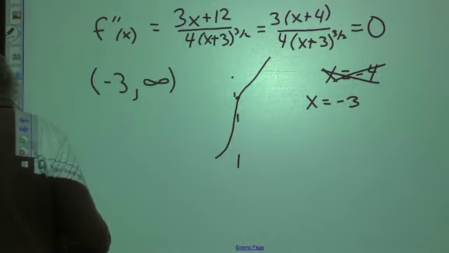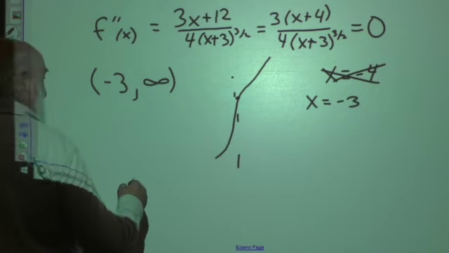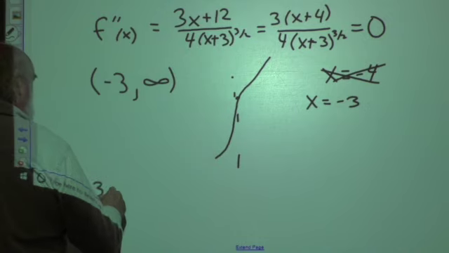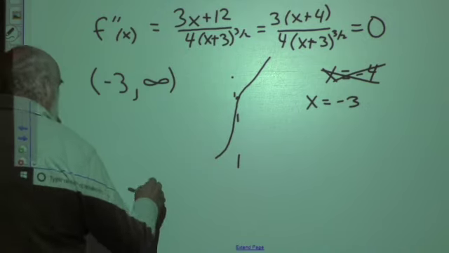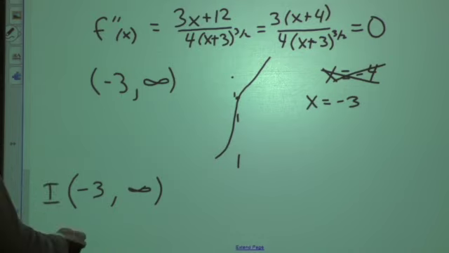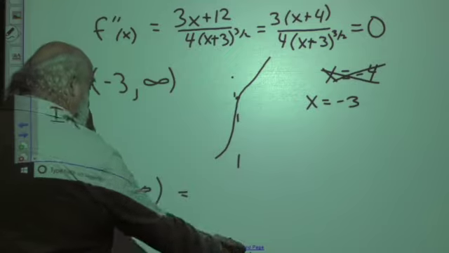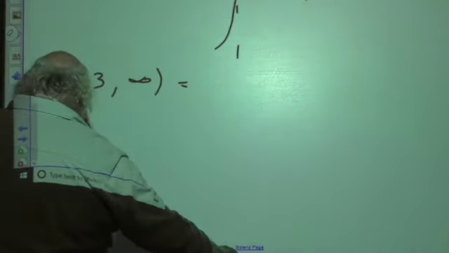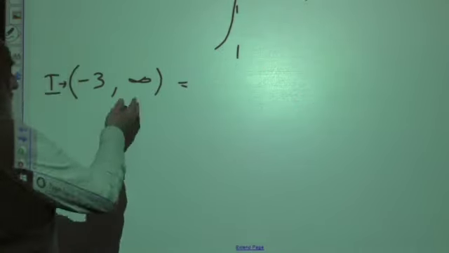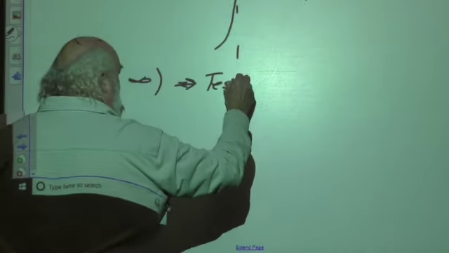If we do this then, we're going to test from negative 3 to infinity as the only interval that we have. But I won't even bother putting a 1 down there, just an I. And this is going to be equal to, now I'm going to test 0 in here. Test 0.